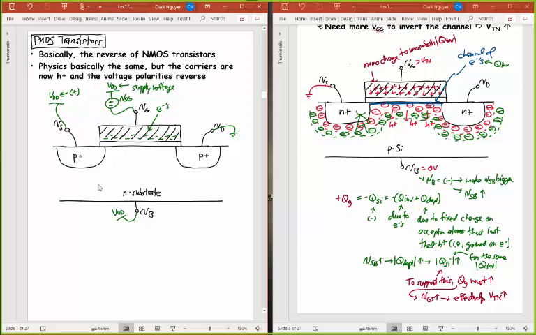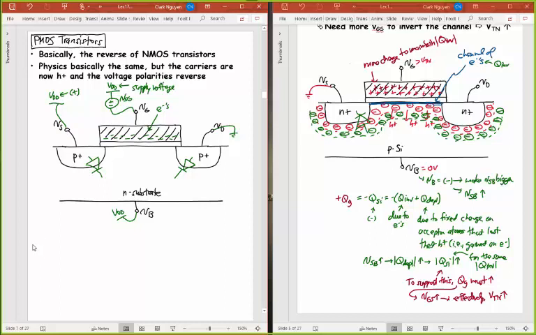Why? Because my effective diode is going in this direction. And I don't want to turn that diode on. There's a diode here too. Right, I definitely don't want to turn that diode on. I need that to be reverse biased. So I'm going to make the N part higher voltage than the P part here. And of course, since it's reverse biased, you know what's going to happen.